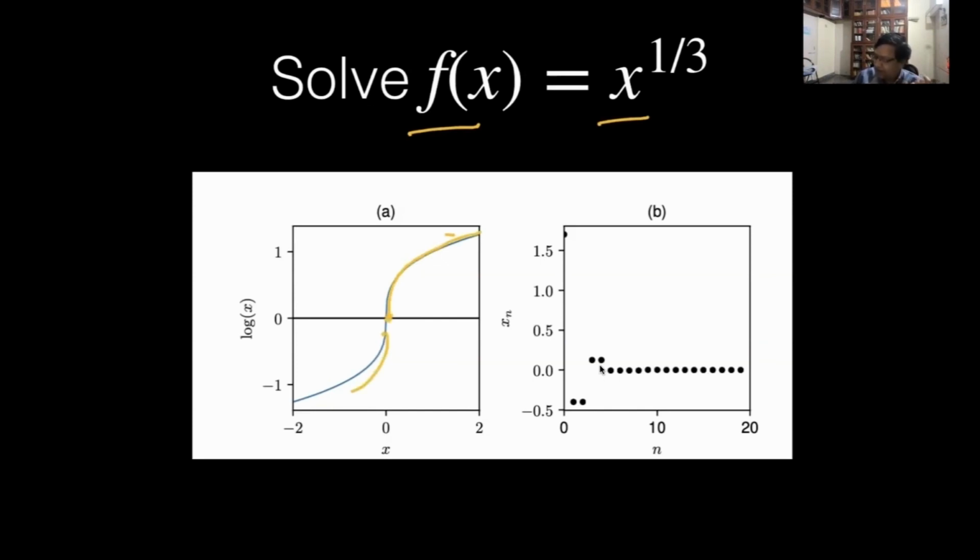I take one value at minus 2, right now it is minus 0.5, and the other one is here. I take two values, one to the left and one to the right, and you can quickly see that it converges to 0. So the midpoint method, or bisection method, always converges.